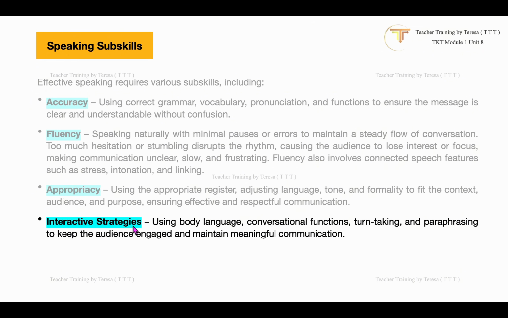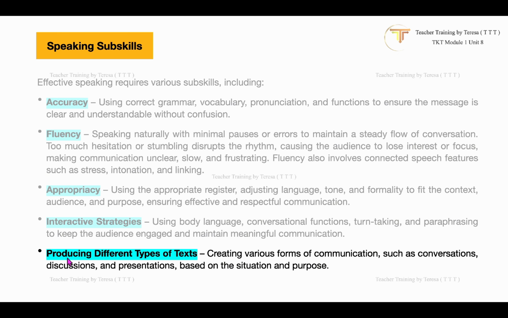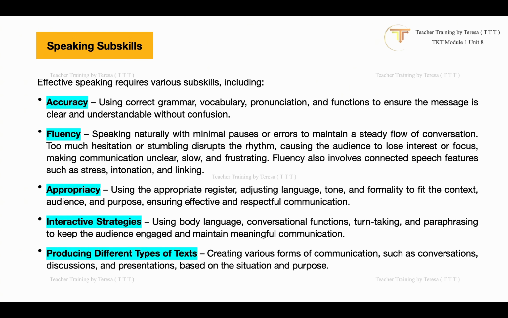Interactive strategies, using body language, conversational functions, turn-taking, and paraphrasing, to keep the audience engaged, and maintain meaningful communication. Producing different types of texts, creating various forms of communication, such as conversations, discussions, and presentations, based on the situation and purpose.